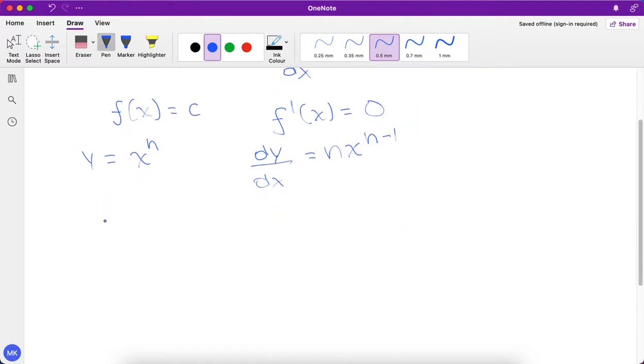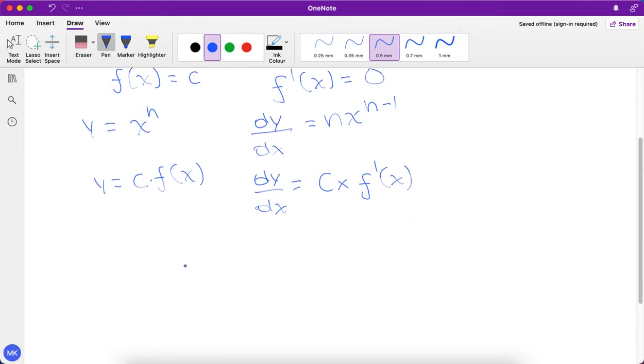Now, if y is equal to a constant c into f of x, then dy by dx, and don't be confused by f dash of x, it's the same thing as dy by dx. So this will be c, the constant, into the differentiation of f of x, so f dash of x.